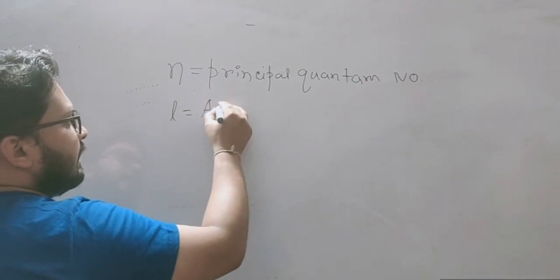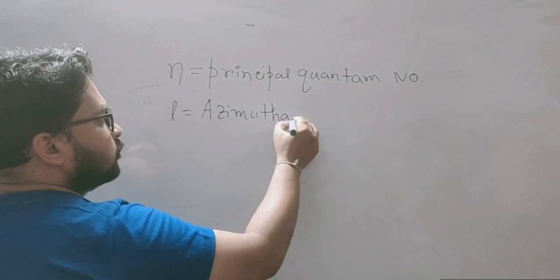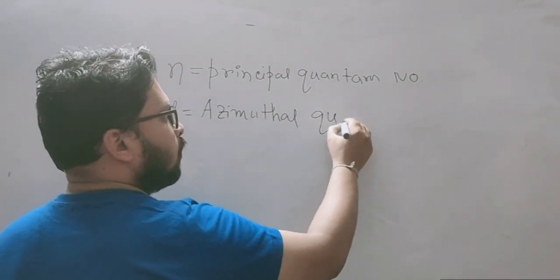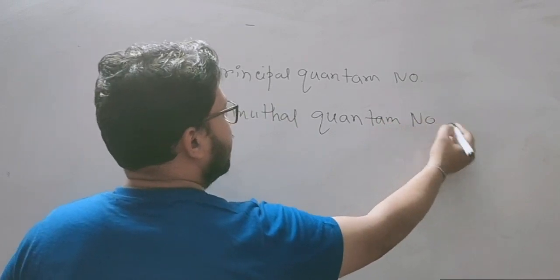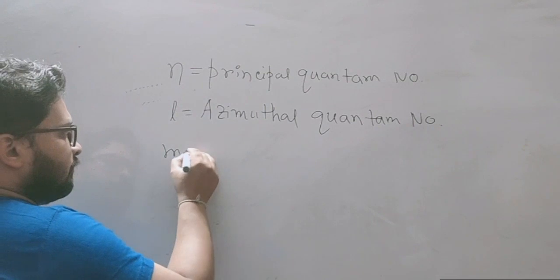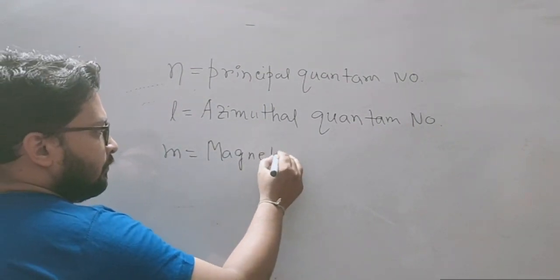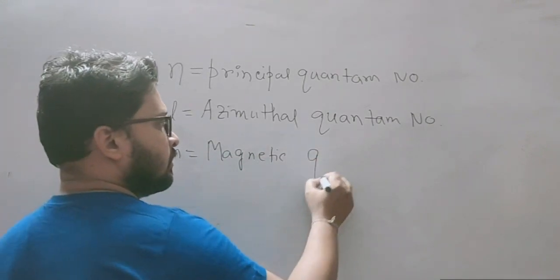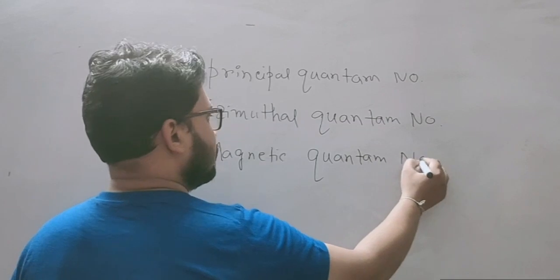L means azimuthal quantum number. M means magnetic quantum number.